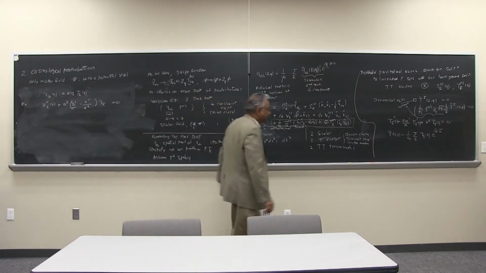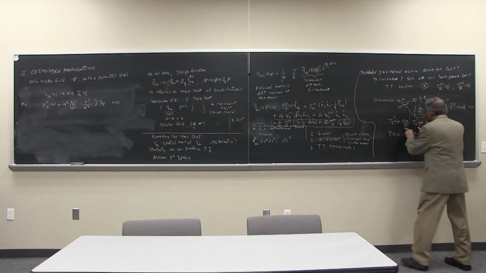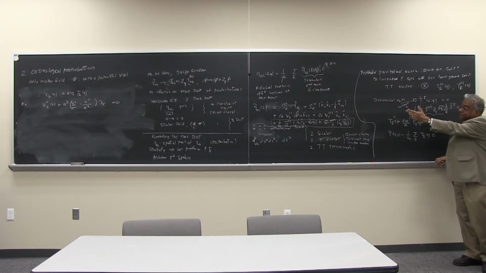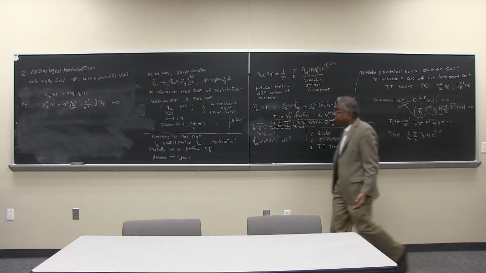So it's not a very profound thing. What we've done is we wanted to eliminate a term which is a first time derivative of the perturbation, and we can eliminate it by just redefining the variable.